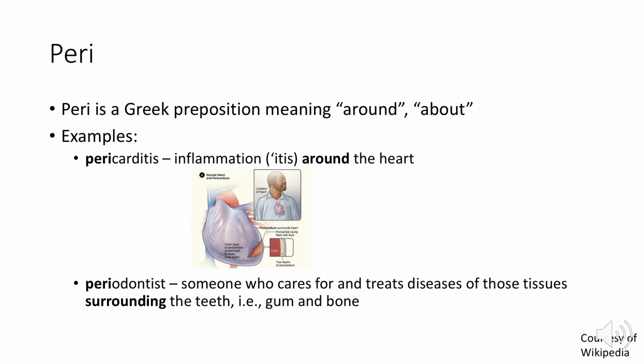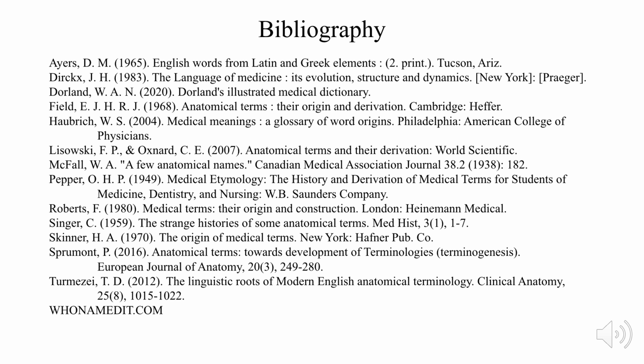Again, courtesy of Wikipedia, is the picture of the lining of the heart around the ventricle, the pericardium, and the inflammation, which is the itis part of that noun. And a periodontist is someone who cares for or treats diseases of those tissues which surround or are around the teeth, that is, the gum and the bone.